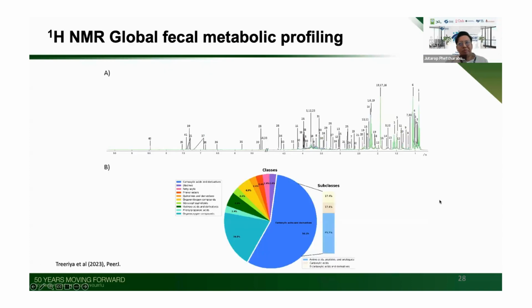First of all, we performed global proton NMR fecal metabolic profiling on the three different groups of fecal samples obtained from the participants. We found that the fecal samples have about 40 fecal metabolites that could be subdivided into 10 chemical classes, as shown in figures A and B.